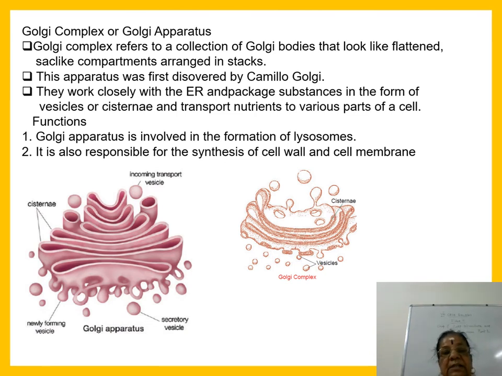refers to a collection of Golgi body that look like flattened sac-like compartments arranged in stacks. It is discovered by Camillo Golgi, learn the spelling. They were also associated with endoplasmic reticulum and package substances in the form of vesicles or cisternae and transport nutrients to various parts of the cell.